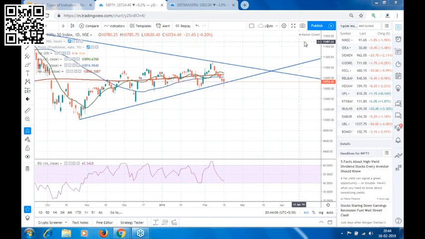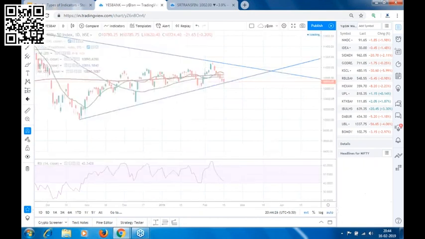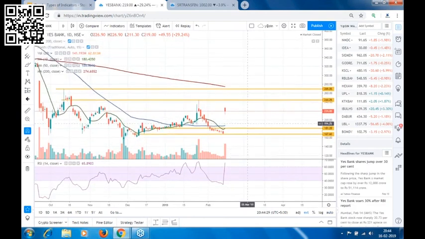Right. So any other question? Yes, Yes Bank, there is some negative news now. Let's check Yes Bank. See, we will not trade only on the news, but we have to see it on our technical setup as well.